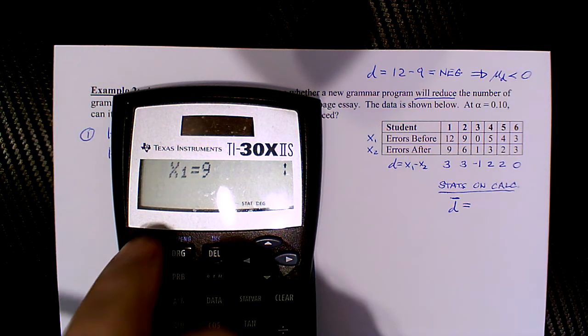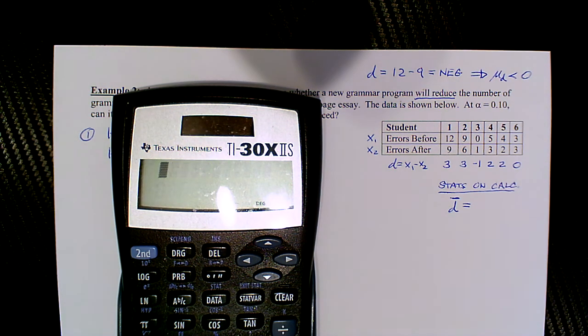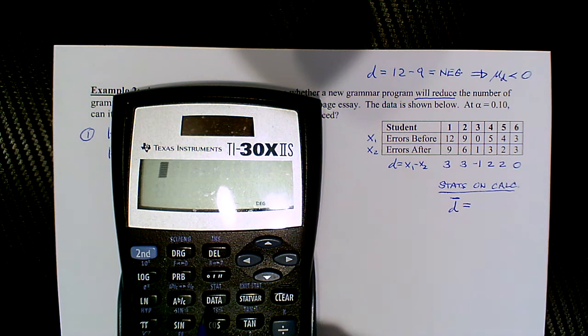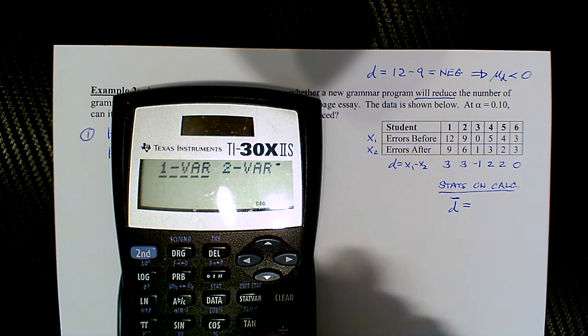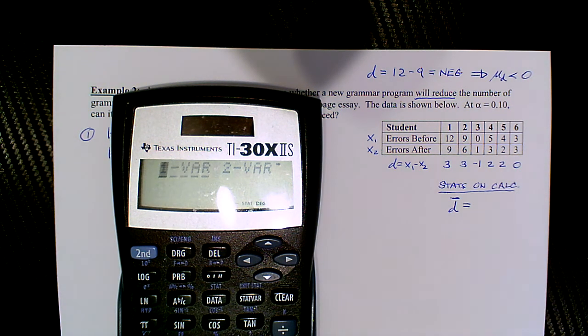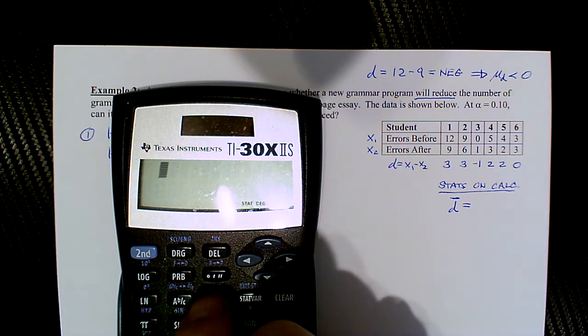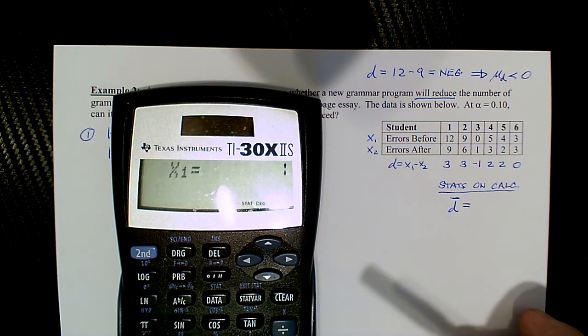So second function, hit stat var, exit stats, press yes, and the stat disappears. So I go into stat mode by hitting second function and then the data key again, and I want one variable. Okay, and then I'm in stat mode now, and now I enter my data. See, my data was cleared. So to clear the data, you exit stat and then go back in.